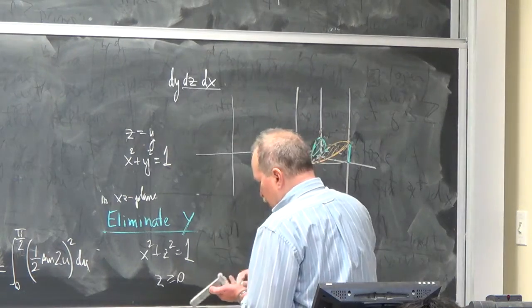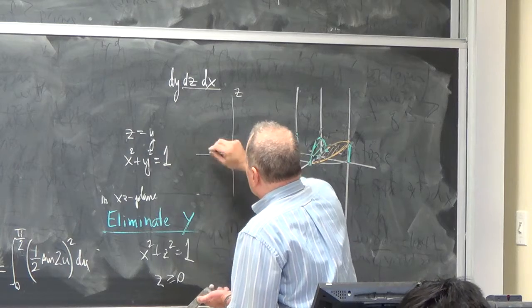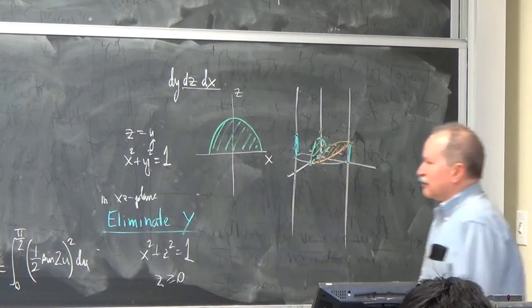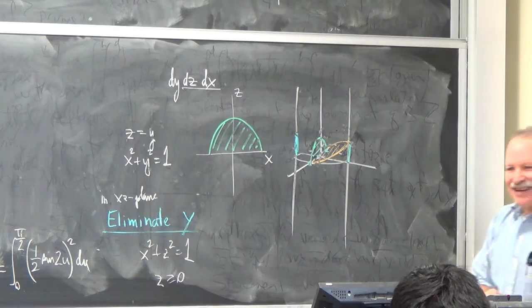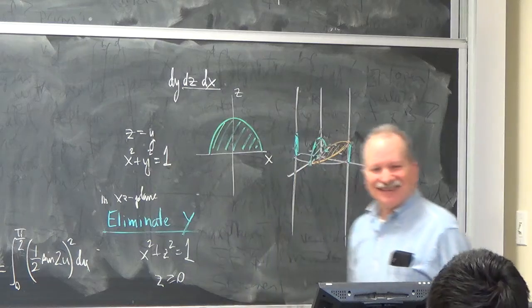So this green curve in the xz plane is exactly a semicircle. Enjoy this moment, Reese.